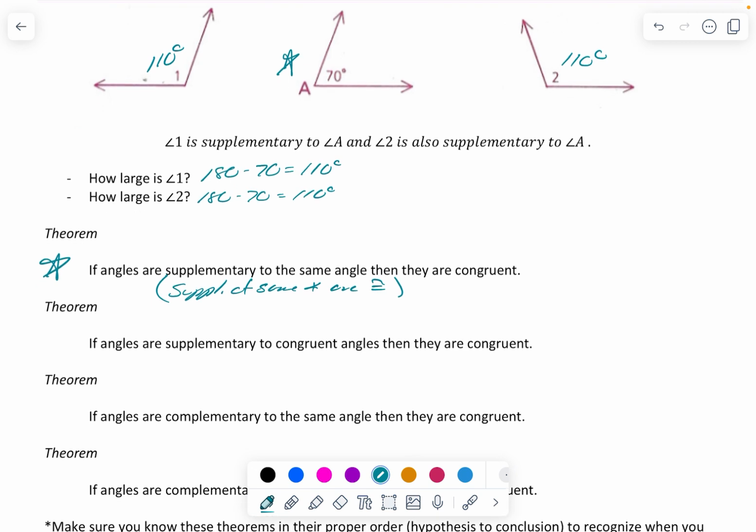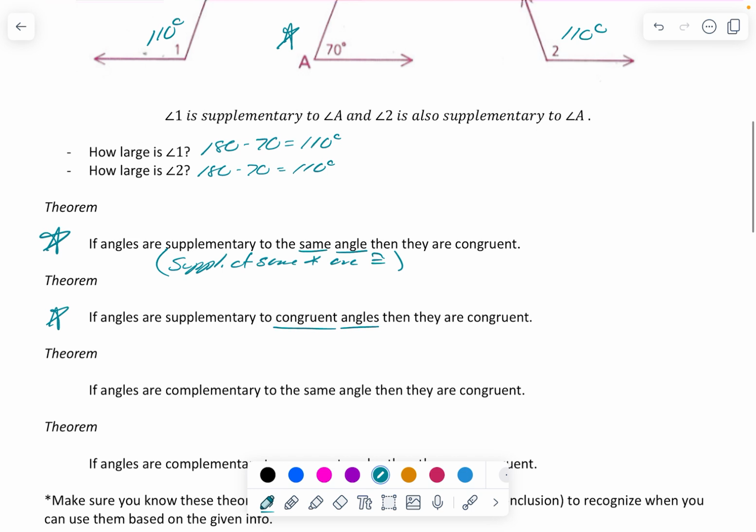Similarly, if angles are supplementary to congruent angles, so this is the same angle, congruent angles. Well, congruent angles are almost like the same angle, right? They have the same measurement. So we would say supplements of congruent angles are congruent. That's what that one would look like.